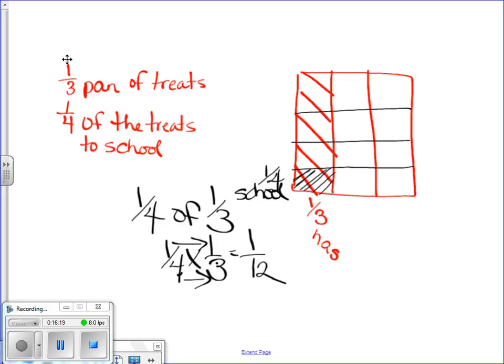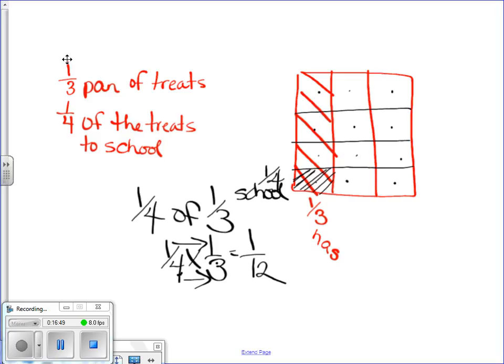Because adding, leave them alone. Are we adding them? No. Because if you look here, how many pieces do we have? 1, 2. How many pieces do we have? 1, 2, 3, 4, 5, 6, 7, 8, 9, 10, 11, 12. We don't have 3 or 4 anymore. If we were going to try to add these, we would have to find a common denominator.